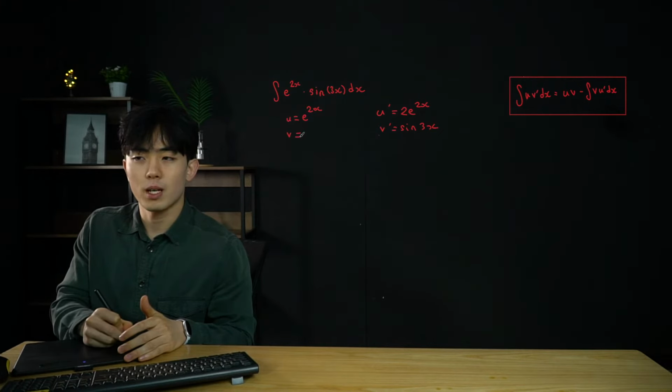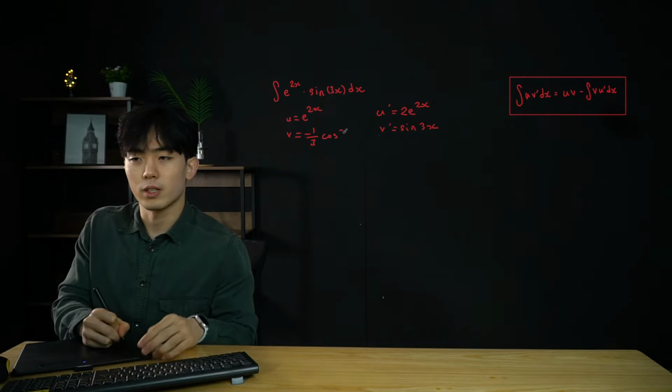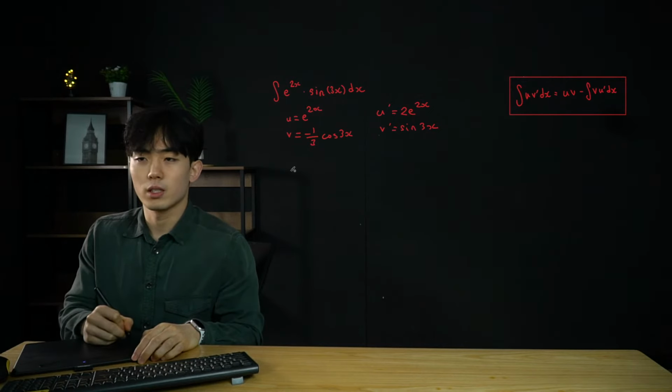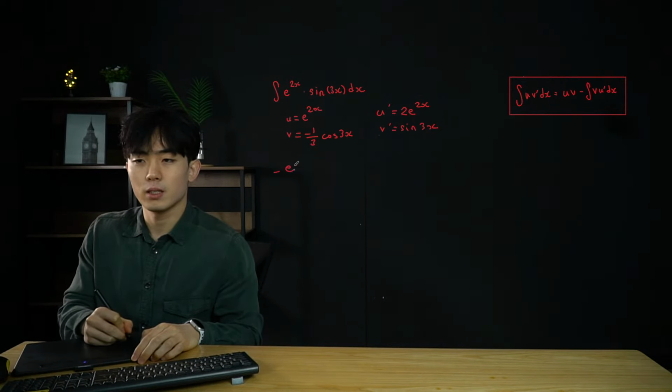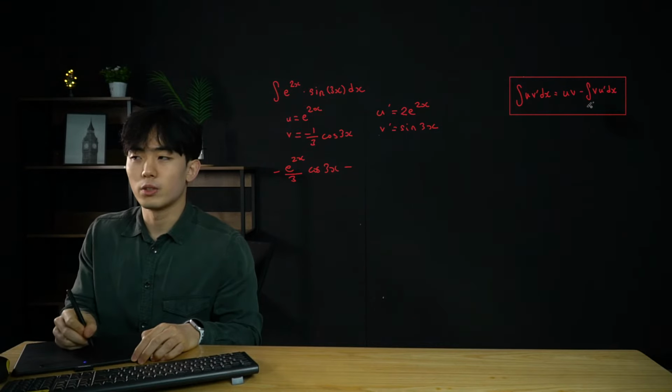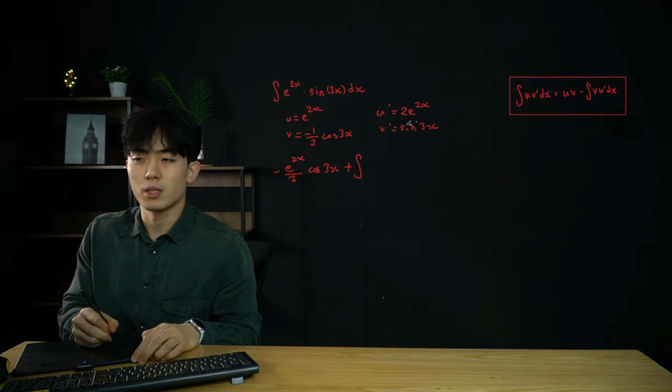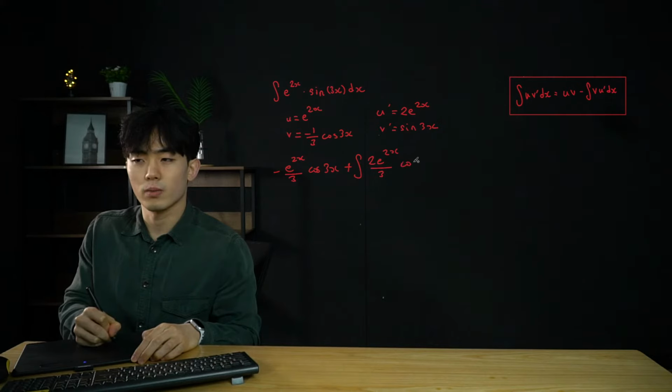And integrating v prime, we get v equal to negative 1 over 3 cos 3x. Following this formula, uv would be negative e to the 2x over 3 cos 3x, minus the integral of v u prime. V has a negative here, so I'm going to put it as plus straight away. So plus the integral of 1 over 3 times 2e to the 2x, so 2e to the 2x over 3 cos 3x dx.